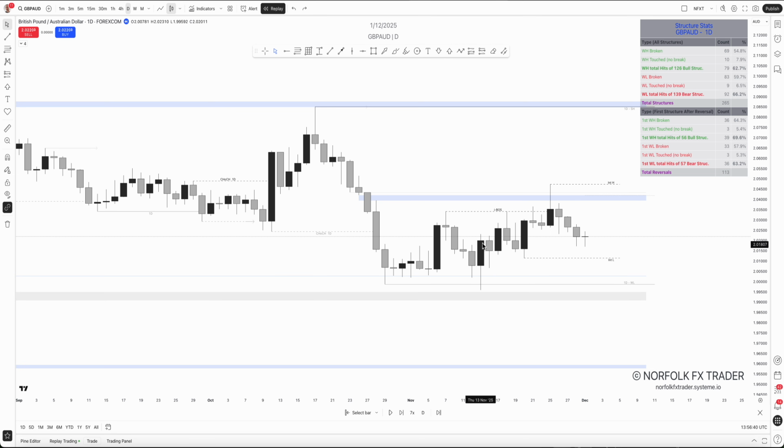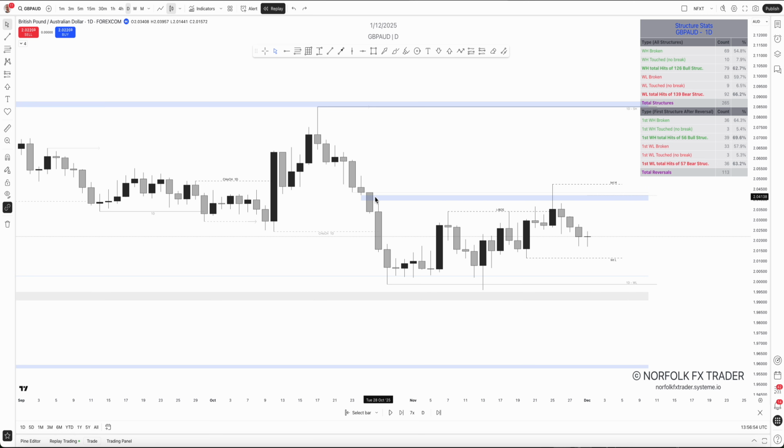Once we take that liquidity, we close back up, and we're likely to want to take liquidity to the upside. That's going to be as we see this potential pullback on this daily swing. We're going to want to take that internal structure high, and then we're going to run towards this imbalance above, where we're going to want to take the liquidity out of this imbalance. That's the only imbalance on the way down, which means it's a very logical area we expect the market to run to.